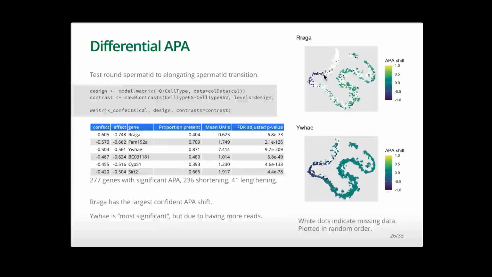In the cells we did see, the effect is quite large. If we were to look at the most significant, in terms of rejecting that the APA is exactly 0, we'd look at this gene instead. It's this one down here. But that would just be on the basis that there's a lot less missing data, and therefore the standard error of the estimate is much smaller.